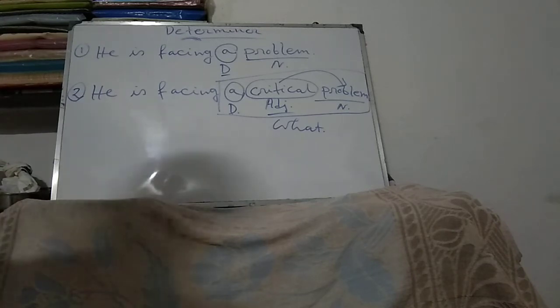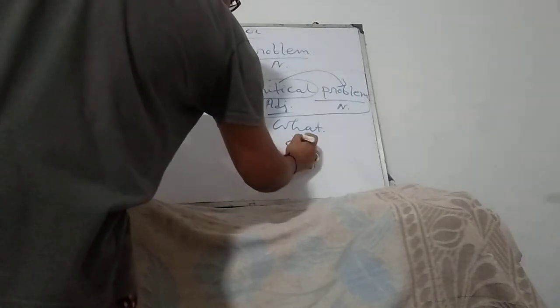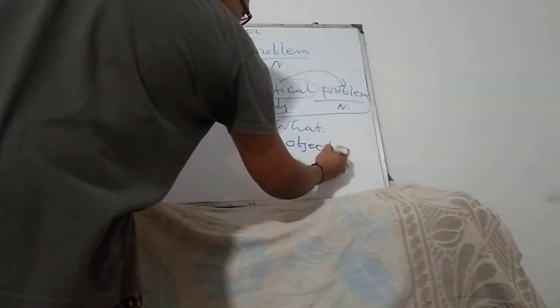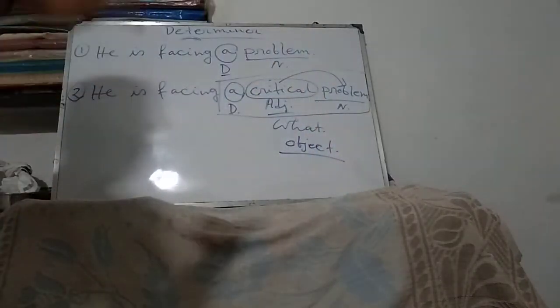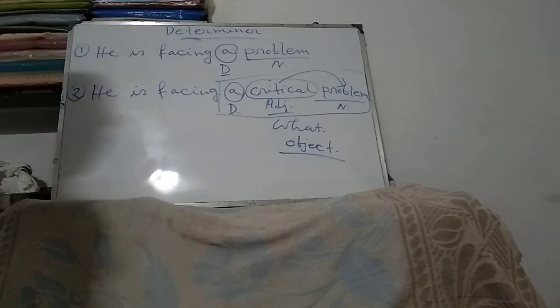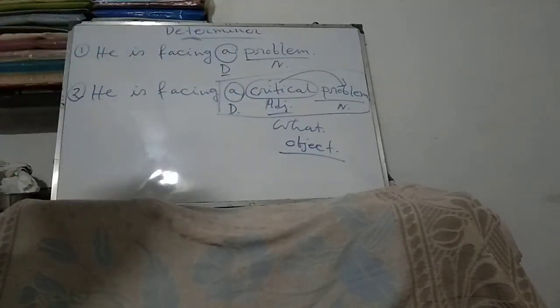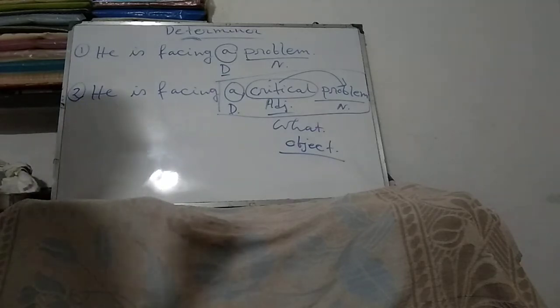Here that means these three words, a critical problem, these three words are acting as a single word and acting as object. And that's why it is a phrase. In next chapters, and already in previous classes, in class 7 also, the difference between phrase and word already told.